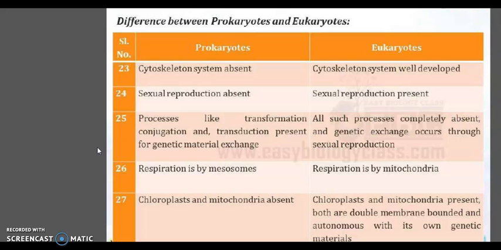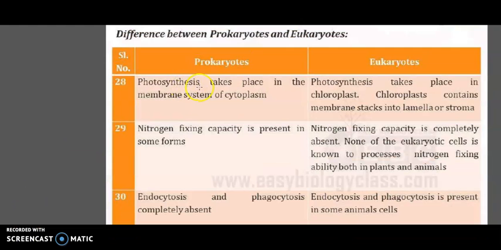Chloroplast and mitochondria are absent in prokaryotes, whereas chloroplast and mitochondria are present in eukaryotes, and both are double membrane bounded and autonomous with their own genetic material. In prokaryotes, photosynthesis takes place in the membrane system of the cytoplasm. In eukaryotes, it takes place in chloroplast, which contains membrane stacks in lamella or stroma.